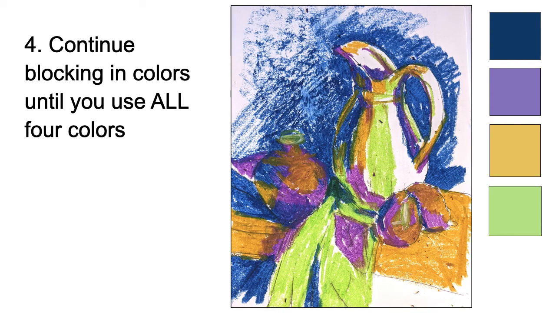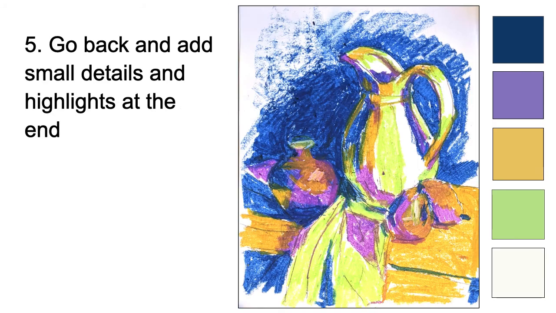And then finally, we can go back and add small details. So here we can see I put a little highlight on my pear. I did the little stems of the pear. I put a little highlight on my vase there, and that's going to be the last thing we do. And we always want to leave those areas as we're working forward.